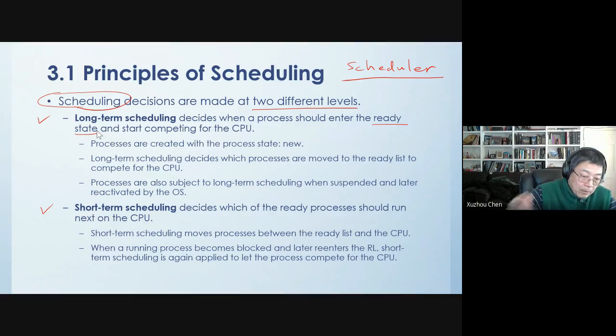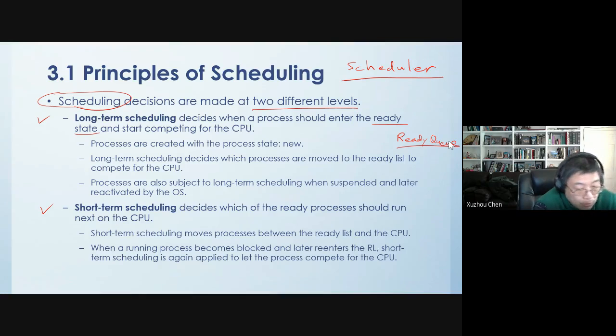And then the first thing the operating system needs to decide is, should I put this process into the ready queue, waiting for the CPU to execute it? This is done by the long-term scheduling.